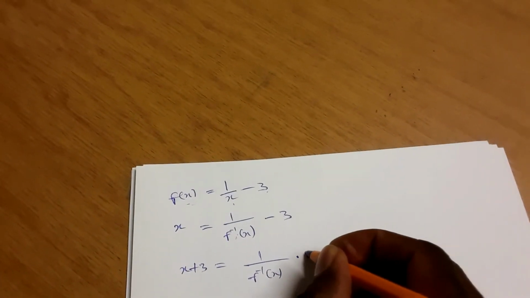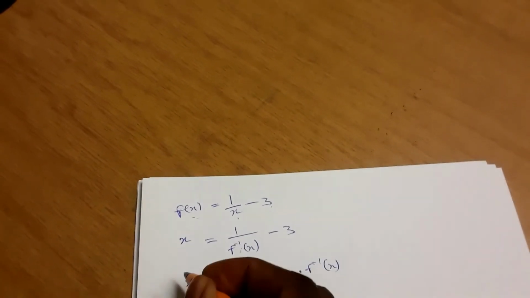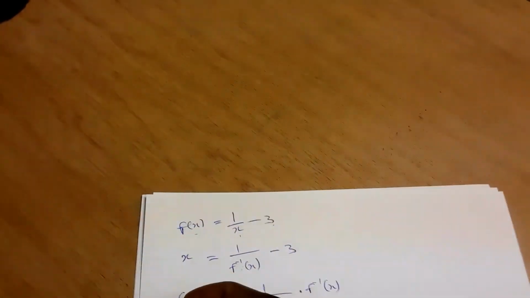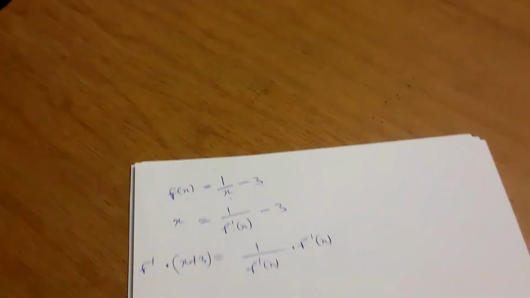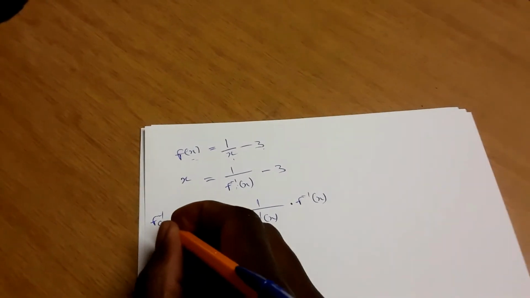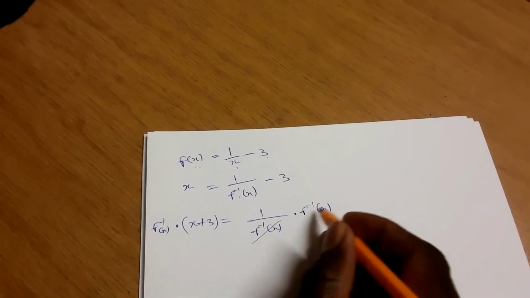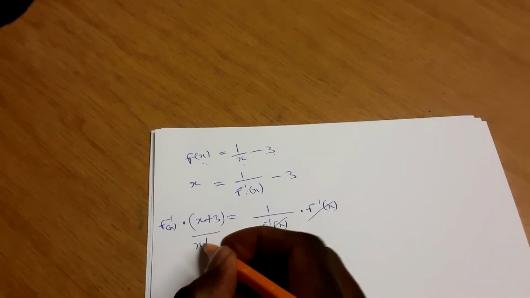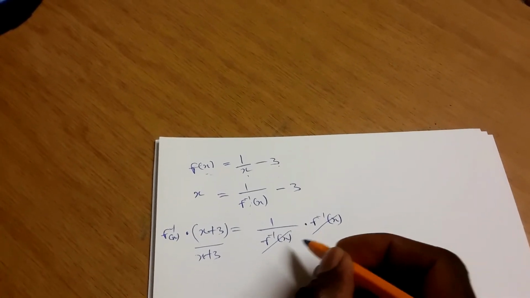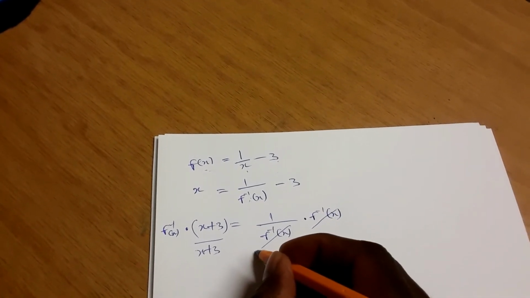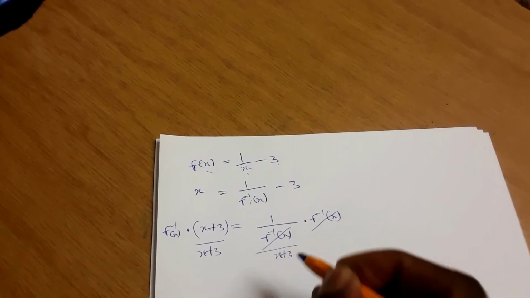You multiply by the inverse of f of x on both sides, then this cancels out, and you divide by x plus 3.